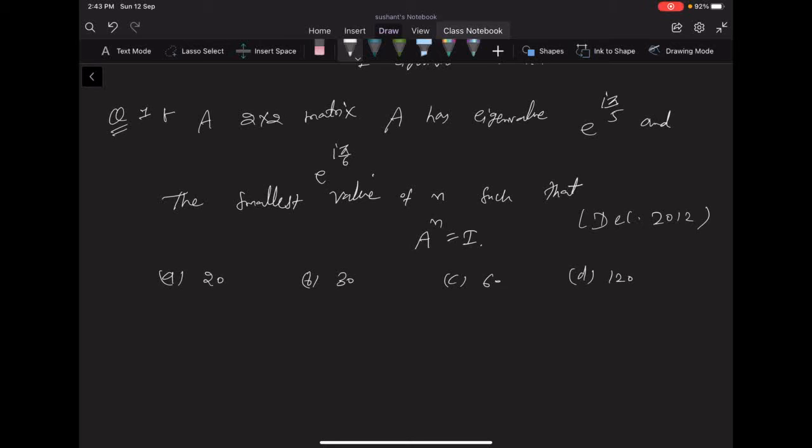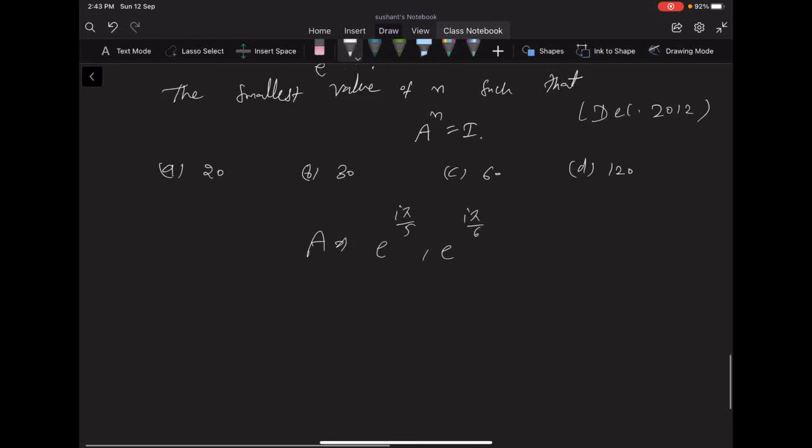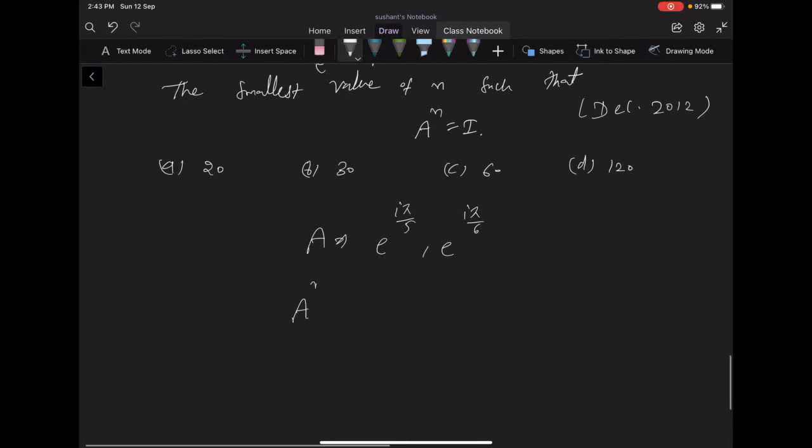So A has eigenvalues exponential i pi by 5 and exponential i pi over 6. Then A to the power n will have eigenvalues exponential i n pi over 5 and exponential i n pi over 6.